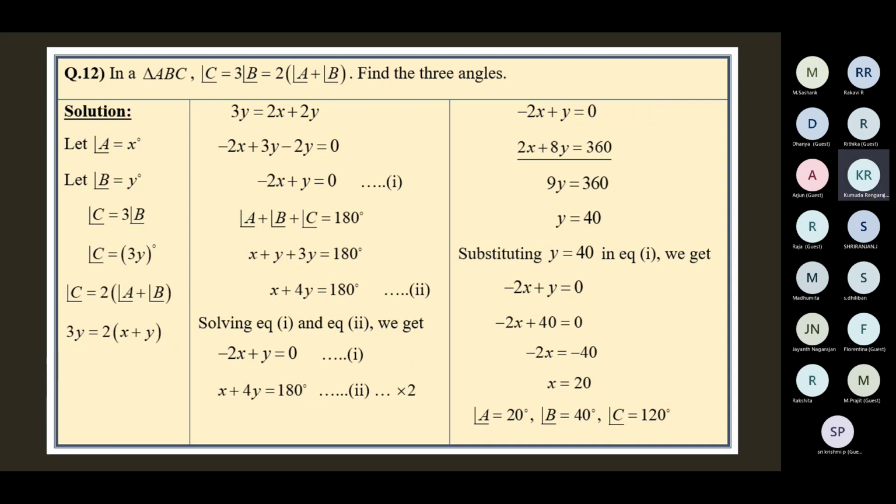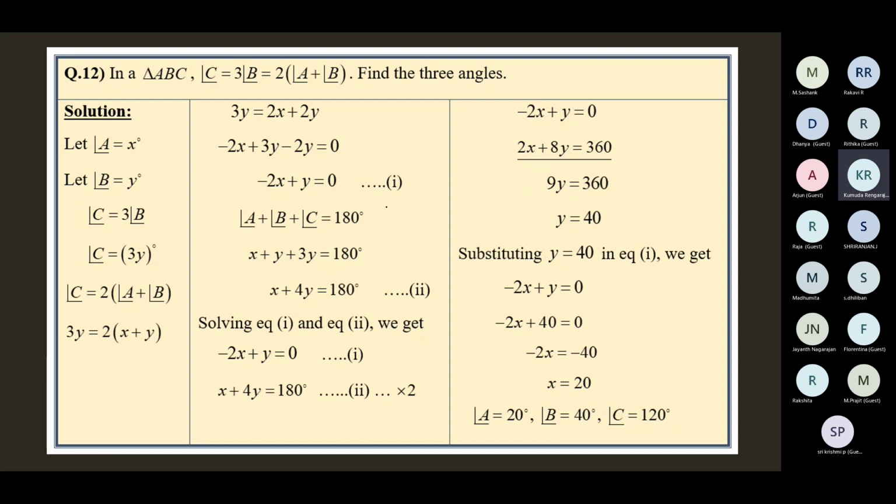So here you should not change the signs because already minus 2x plus 2x, they'll get cancelled. If you change the sign, it will become minus, then minus 2x is minus 4x. You cannot cancel it out. Supposing this was plus, then you should change the signs. Then only 2x minus 2x will get cancelled.